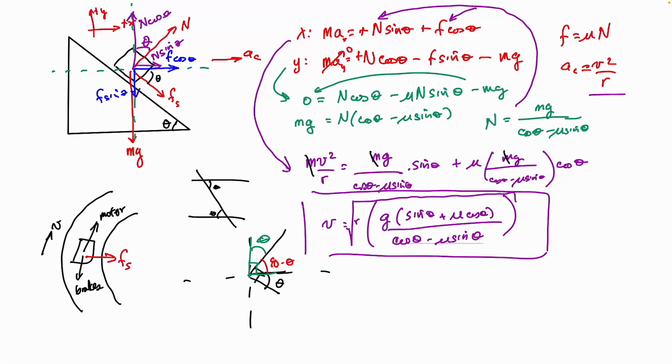So let's ask some questions, okay? First of all, this is the maximum speed. Any faster than this means that we are going to exceed static friction's ability to keep the tires on the road. And so going faster than this speed is no bueno.